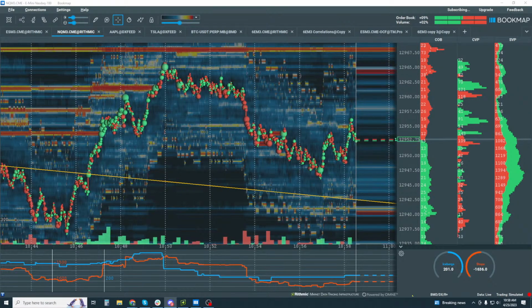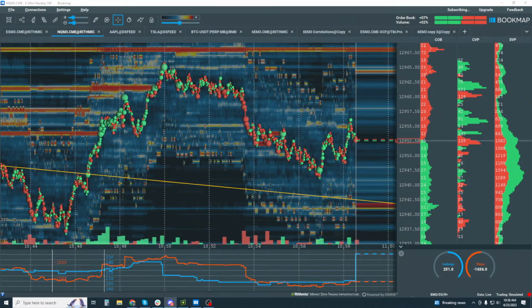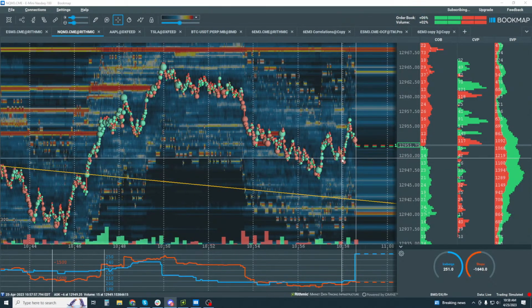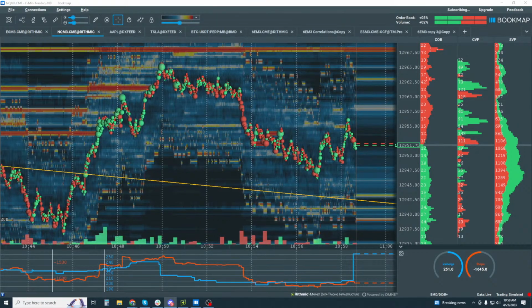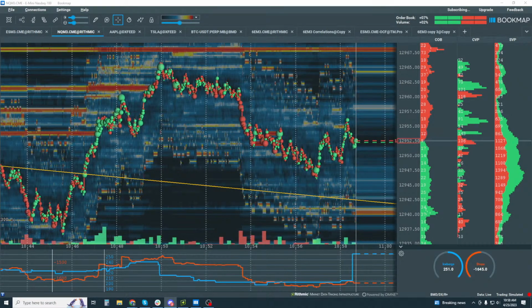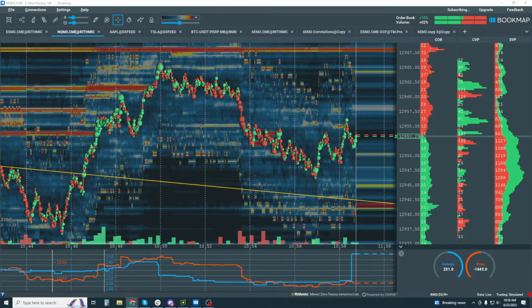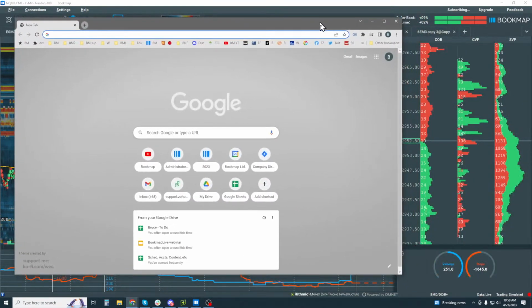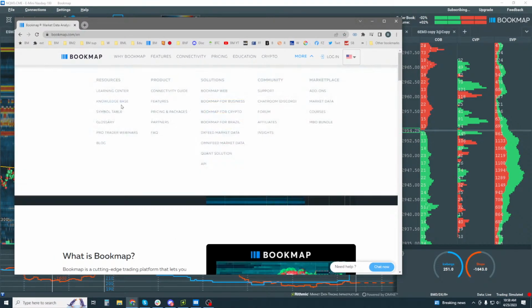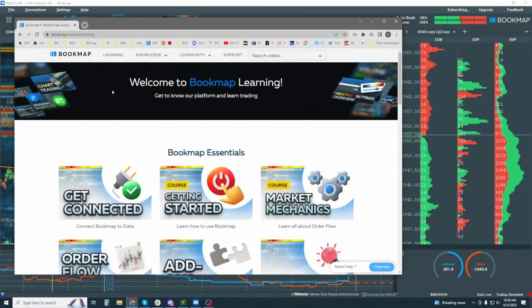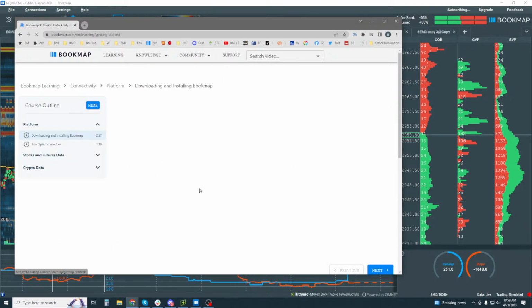How the COB relates to the heat map. A great question. If you're new to Bookmap, I highly recommend going to this new section here in the Learning Center. This is where to go. Click on the More button, go to Learning Center here, and then watch these videos in here.